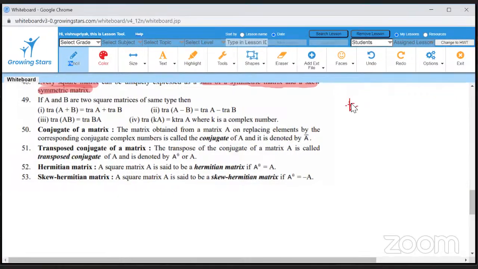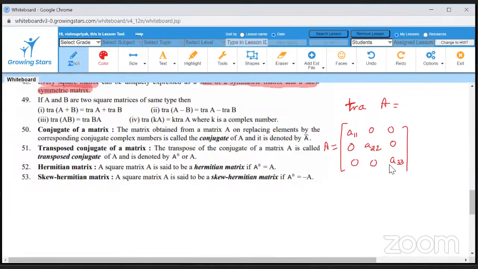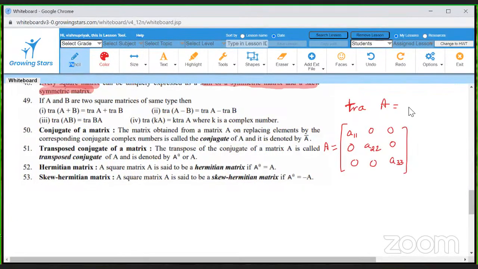Trace of A, what is it? Suppose A is a diagonal matrix: A11, 0, 0. 0, A22, 0. 0, 0, A33. Trace means add up all the diagonal elements. That is the trace.